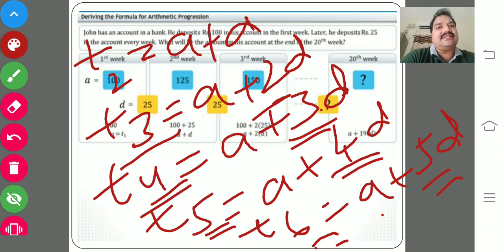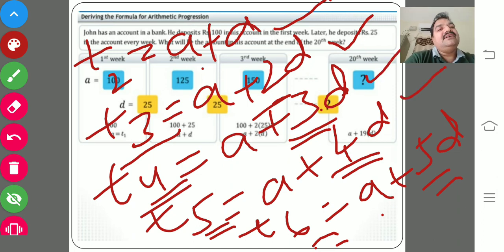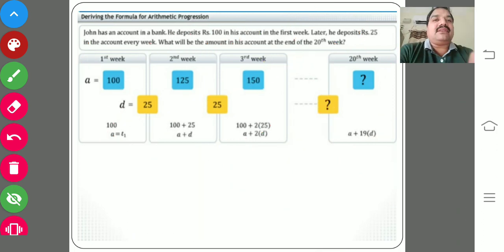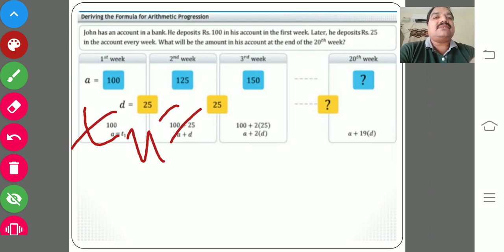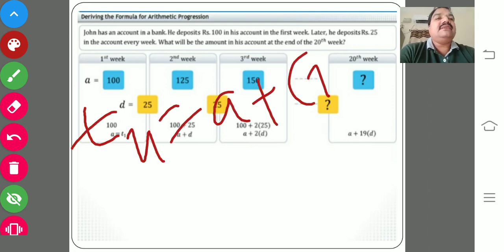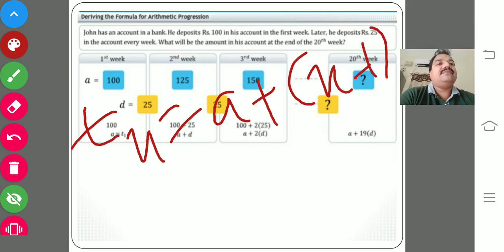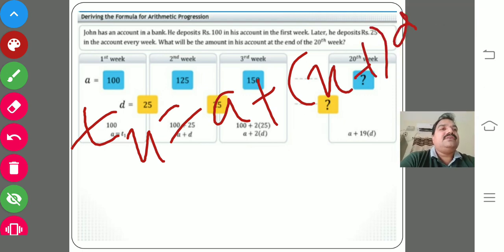Once again, children, T2 equals A plus 2 minus 1 into D. T3 equal to A plus 3 minus 1 into D. T4 equal to A plus 4 minus 1 into D. T5 equal to A plus 5 minus 1 into D. T6 equal to A plus 6 minus 1 into D. So you can write that Tn equals A plus n minus 1 into D. So this is the general term formula.